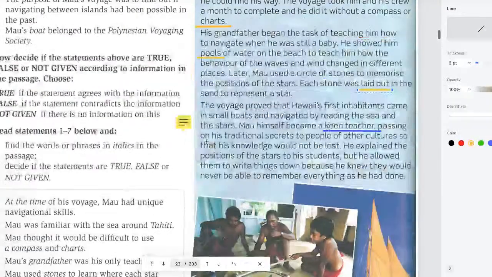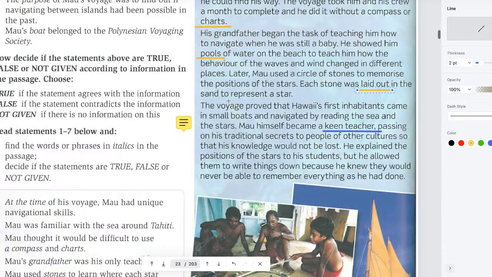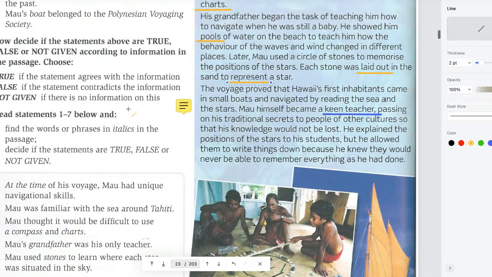Represent means they put each stone there on the sand, and they say, okay, this stone is this star and that stone is another one. So they use the stones to represent stars. Okay, some different stars. Got it? Okay.